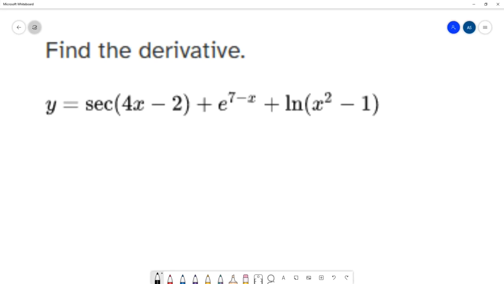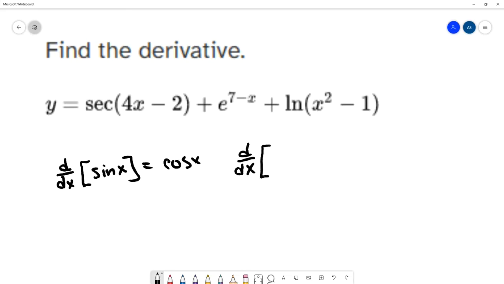So what you could do is memorize a derivative rule like this one here, the derivative of sine x. The derivative of sine is cosine. And then you could also memorize how the chain rule works. The derivative of f of g of x is f prime g of x times g prime of x.